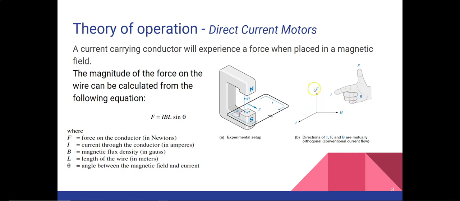You can see here the force is perpendicular to both current and the magnetic field, and the force can be represented by the formula F = I B L sin(theta). Where I is the current through the conductor, B is the magnetic flux density, and L is the length of the wire. And this angle theta is the angle between the magnetic field and the current.